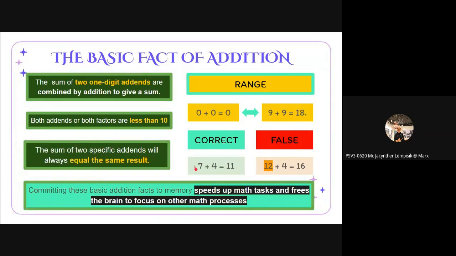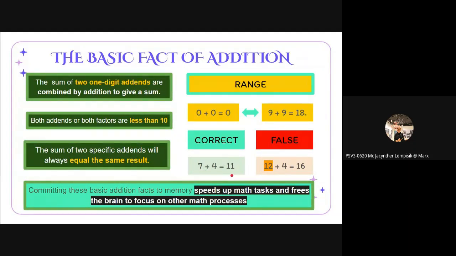Because it has one-digit addends, and both addends or both factors, 7 and 4, are less than 10. So even if we change the position, 4 plus 7 or 7 plus 4, it will always equal the same result, which is 11.